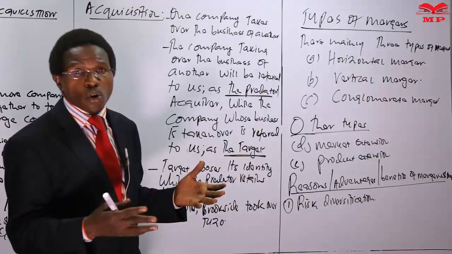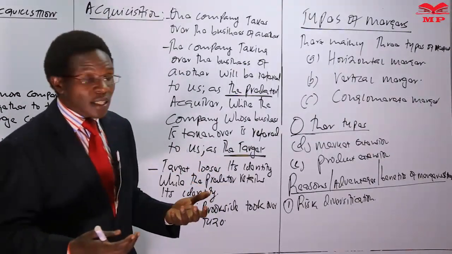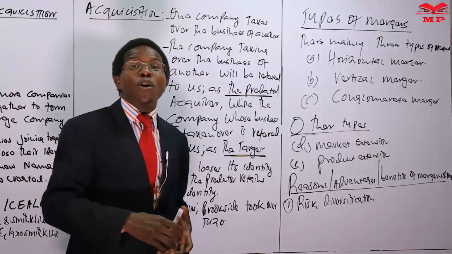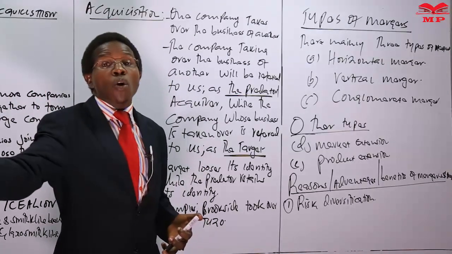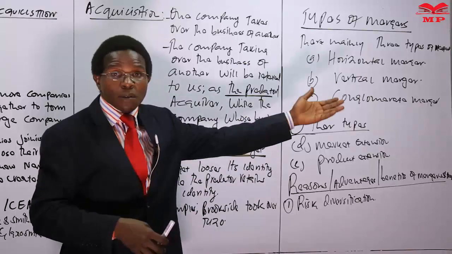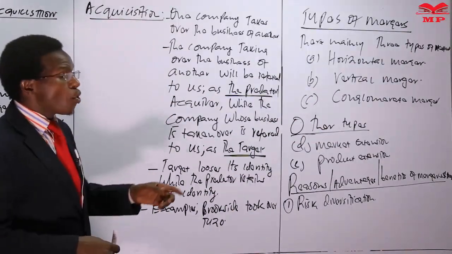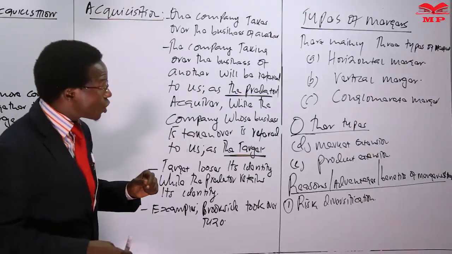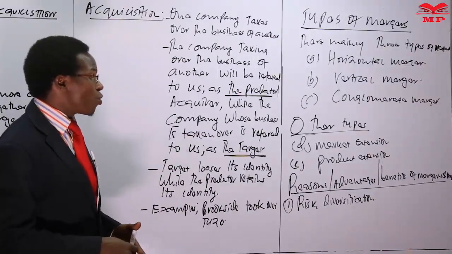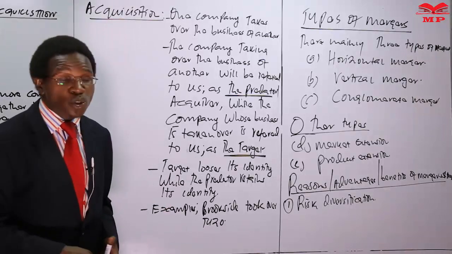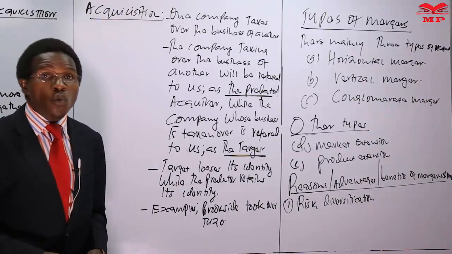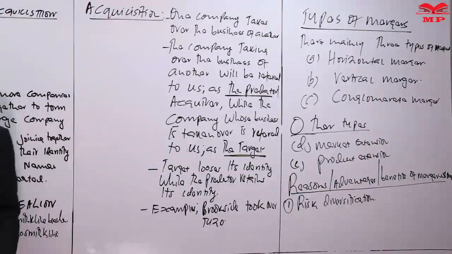In that there is a conglomerate, they are not related. At some point we may not be selling Coca-Cola products, but we may be selling mabati products. So that's exactly an example of a risk diversification scenario, and that will be one of the main reasons why we'll want to have a merger.